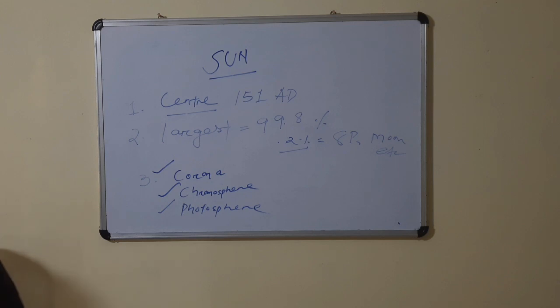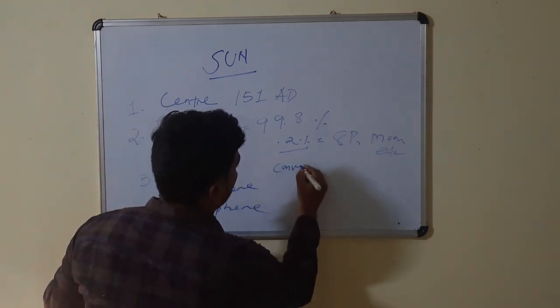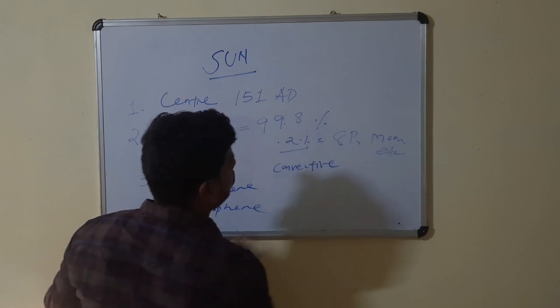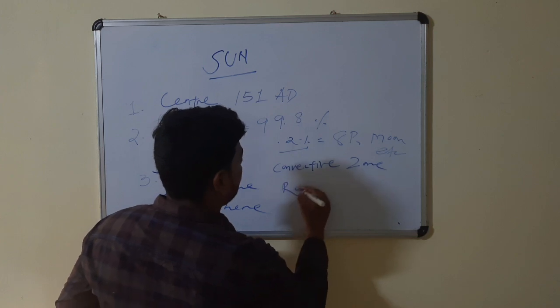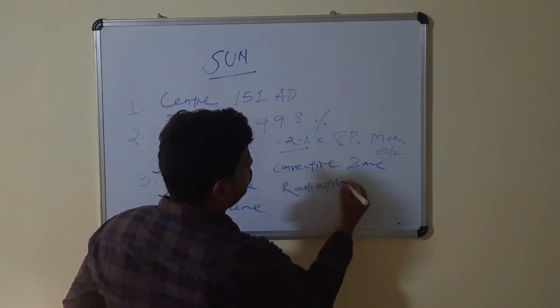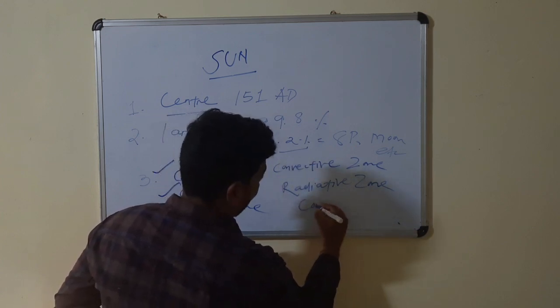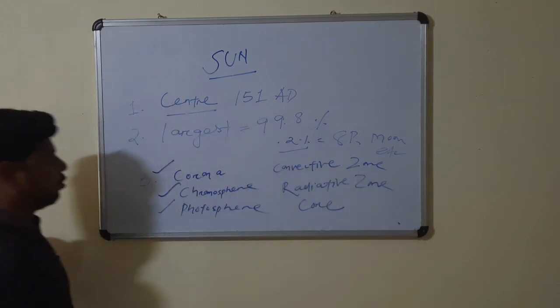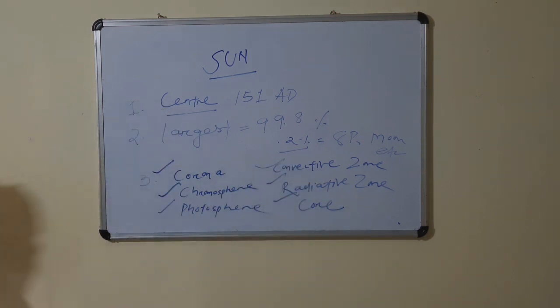Then the convective zone, then the radiative zone, and that is the core. Please note the 6 zones: corona, chromosphere, photosphere, convective zone, radiative zone, and core.